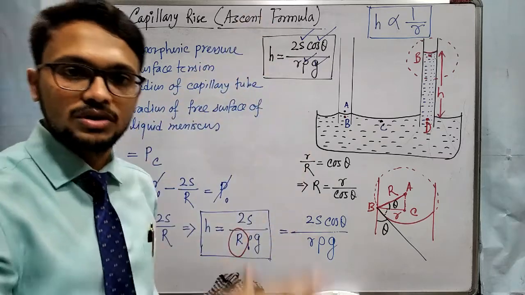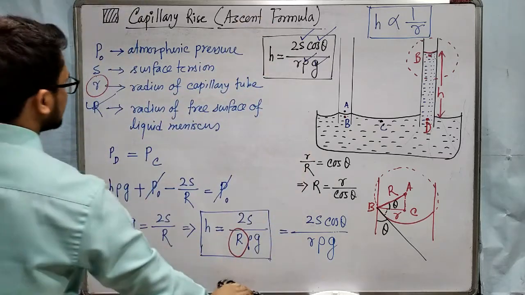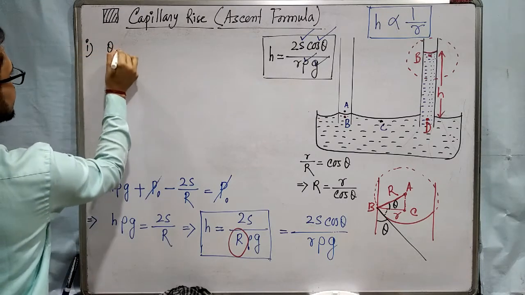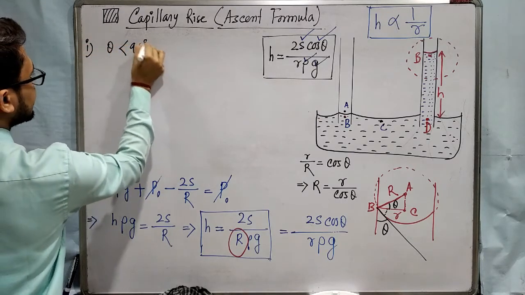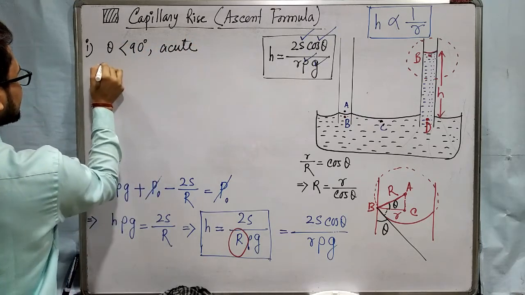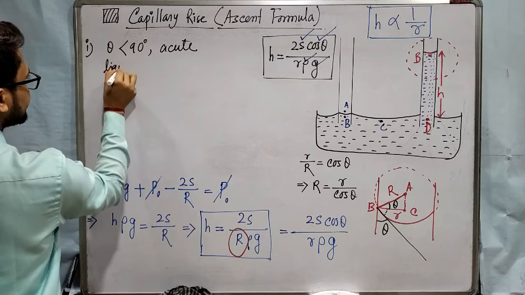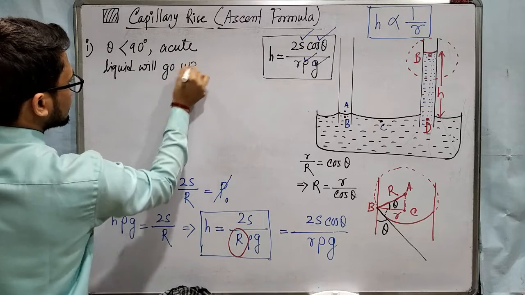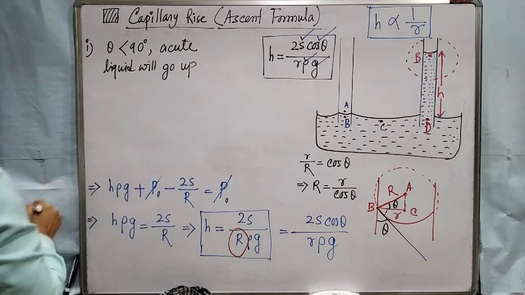Then it will go down. I am writing that point here. First point, when theta is less than 90 degree or acute angle, then liquid will go up.